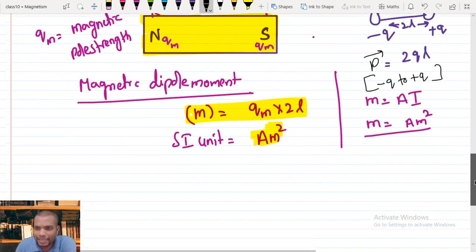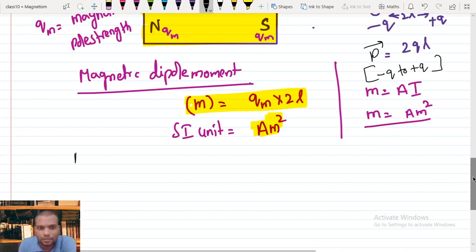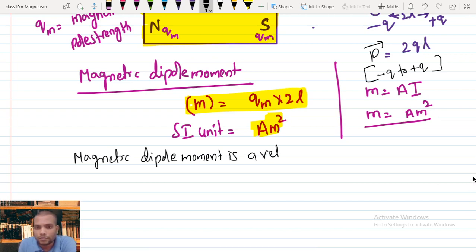Here also the magnetic dipole moment is a vector, and its direction is from the south pole to the north pole of the magnet.